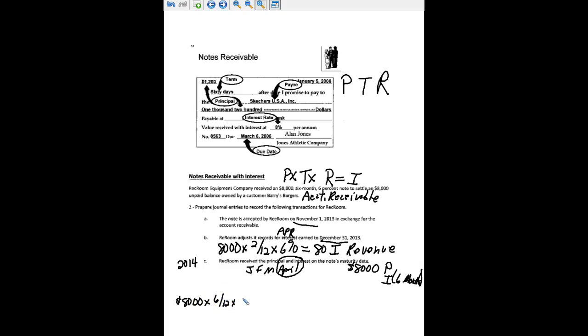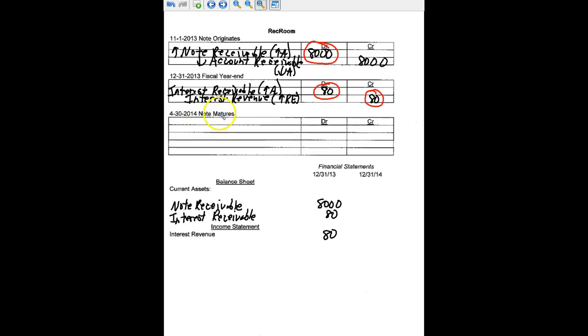And the annual percentage rate is 6%. So the amount of interest collected is $240. So the total cash coming in will be $8,240. So let's go ahead and bump over and start our journal entry.